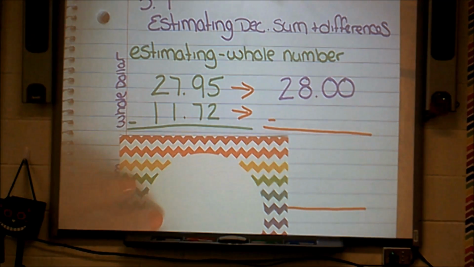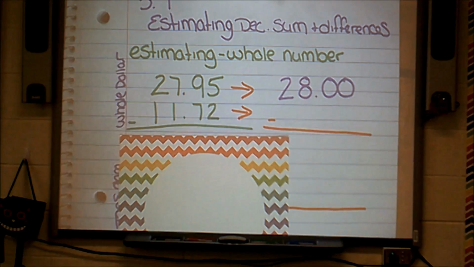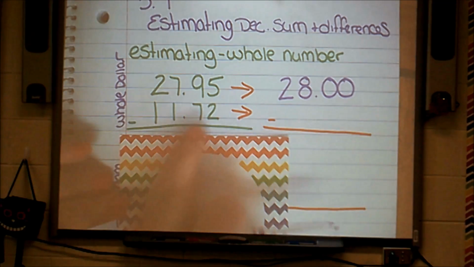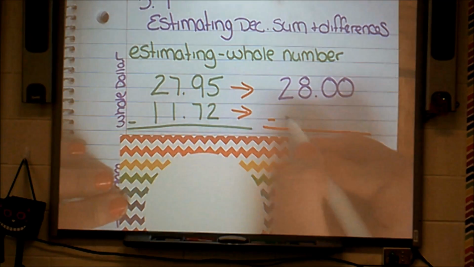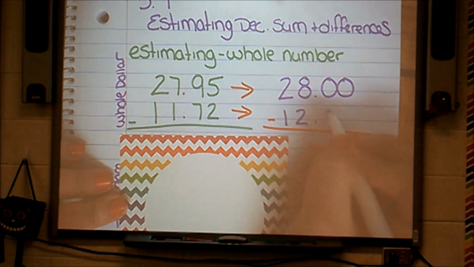And then looking at my $11.72, rounding to my nearest whole dollar, $11.72 is pretty close to $12. I look over here, 7 is 5 or more, so I round up. So my $11.72 is closest to $12.